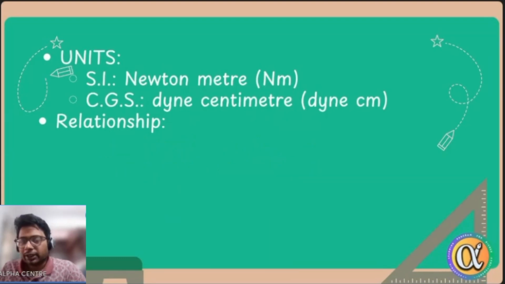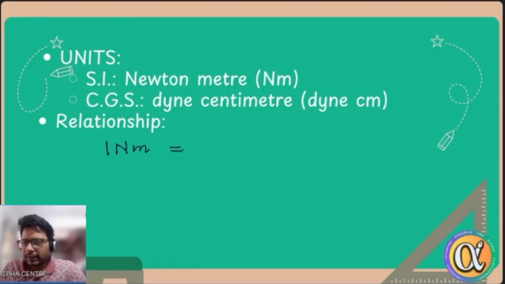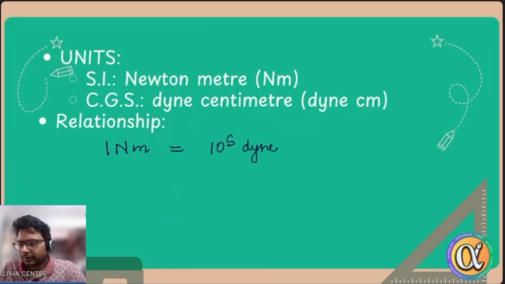Also in exams they ask you what is the relation between the SI unit and the CGS unit, meaning what is the relation between Newton meter and dyne centimeter. We have learned earlier that 1 Newton is equal to 10 to the power 5 dyne, right? If you forgot that, it can also be derived.